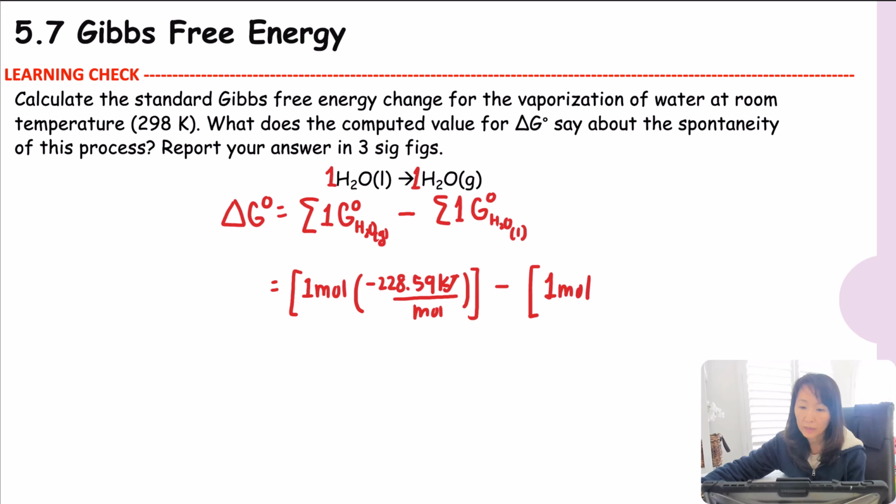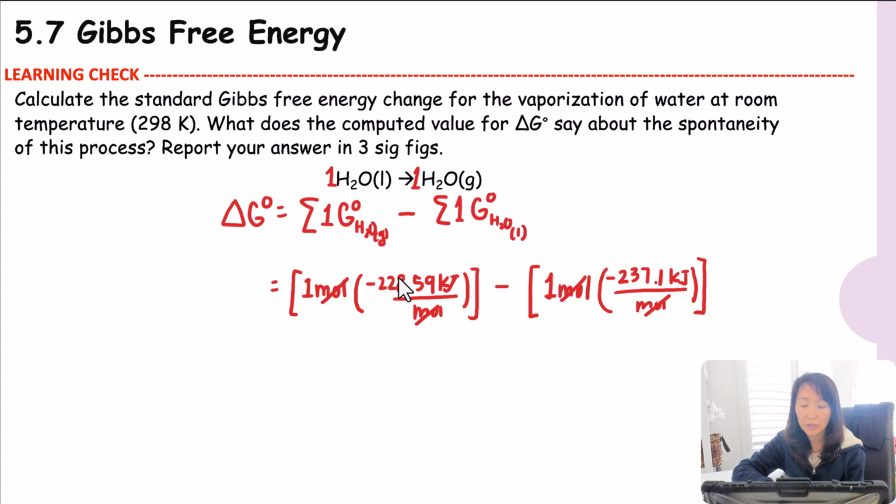Where am I getting that 1 mole? I'm getting it from the coefficient of the balanced equation. And that will be negative 237.1 kilojoules per mole. I can cancel out the moles since they're diagonal to each other, and we can calculate this out.